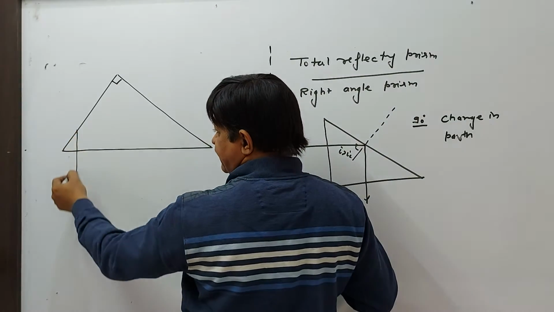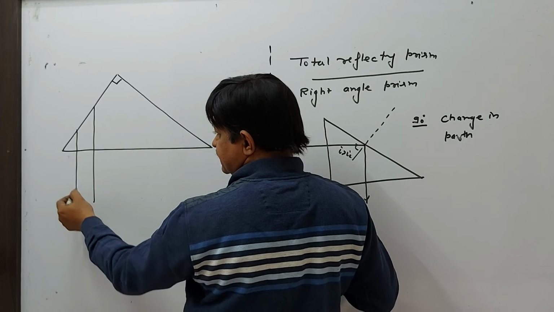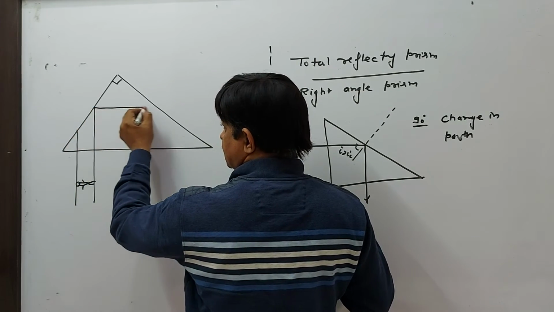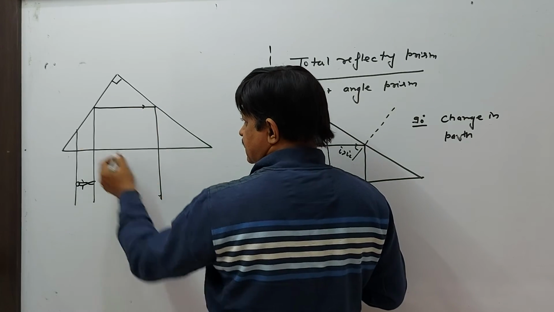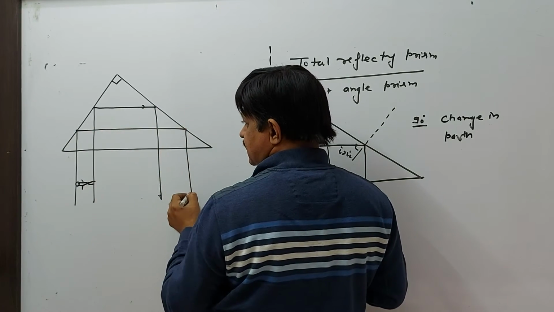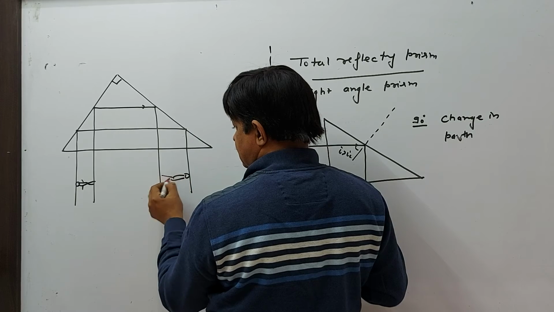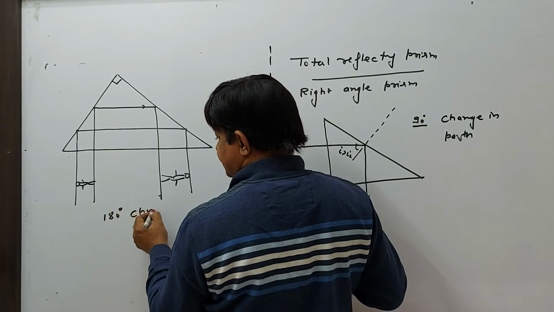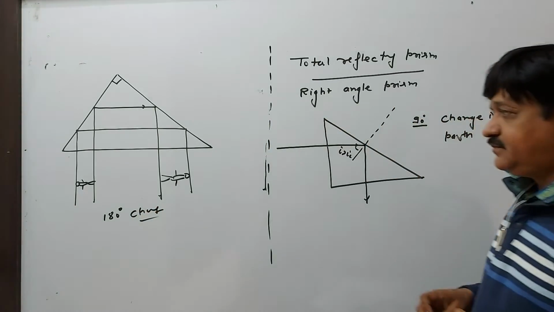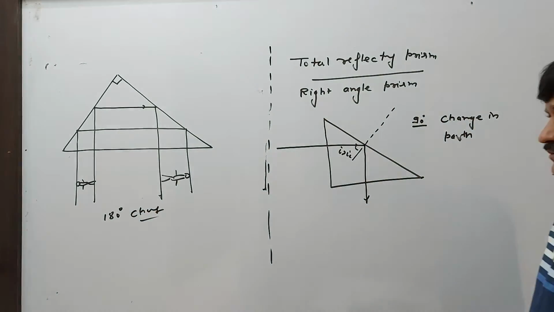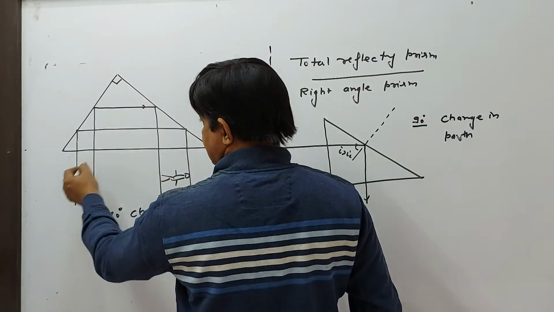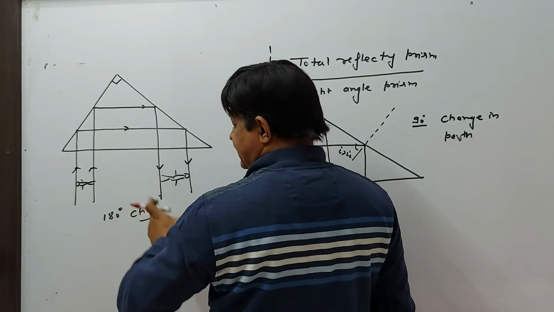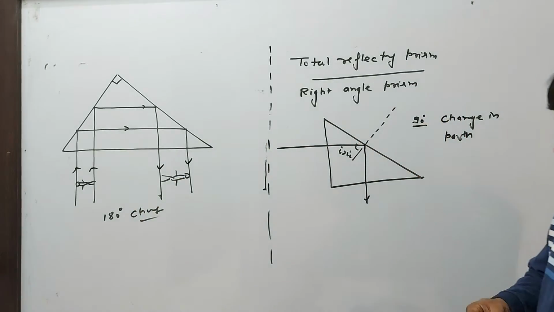A ray of light starting from this point, you can clearly see a 180 degree change is there. This ray will come here, and this ray will come here.